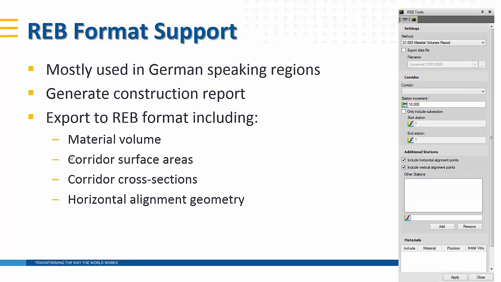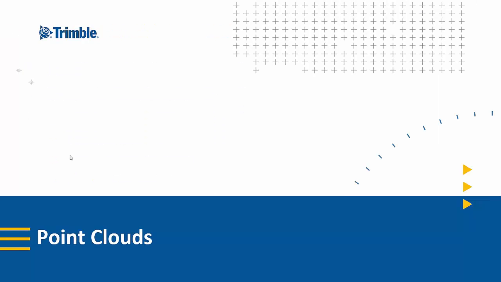For our German users, we have significantly enhanced our support for the REB, so you will find a whole new section called REB tools, which are going to mostly be used in the German-speaking regions. This command is very powerful as it allows you to also generate a construction report, and in the export you can include things like material volumes, corridor surface areas, cross sections, or the alignment geometry.